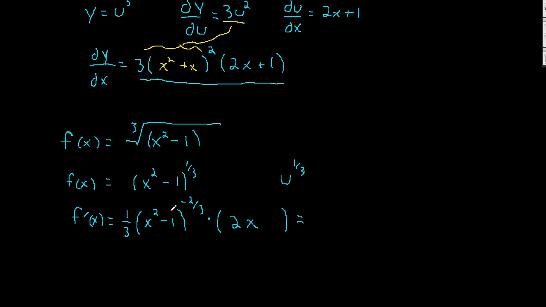A negative exponent, if I bring it downstairs, up in the numerator I really have a 2x, and then down below I really have 3 times x squared minus 1 raised to the positive 2/3. That's a 2, not a 1. I know that. There we go. Okay, so this is your derivative.